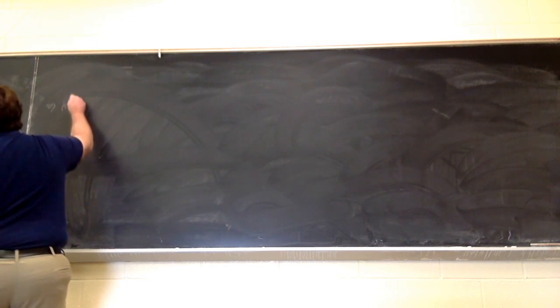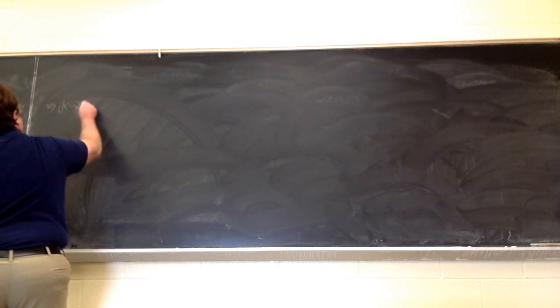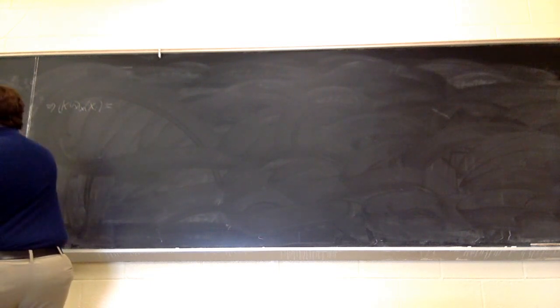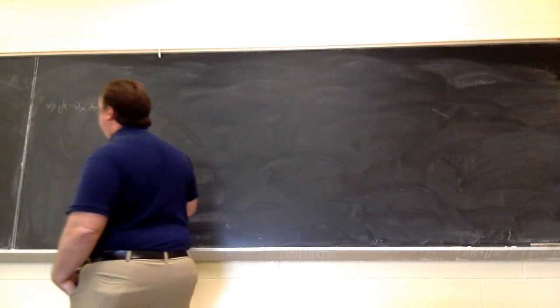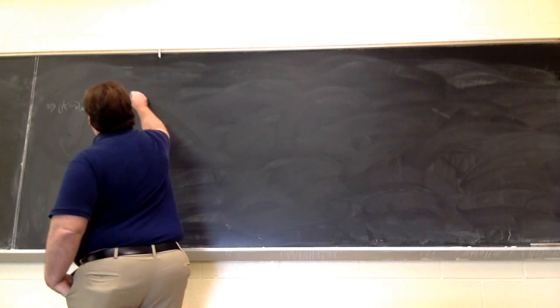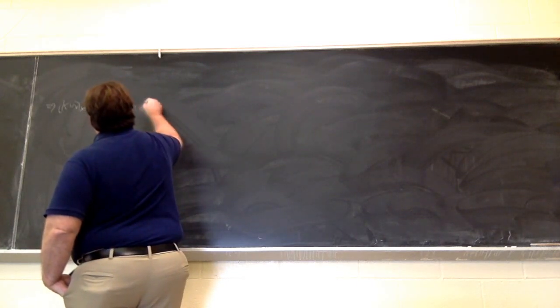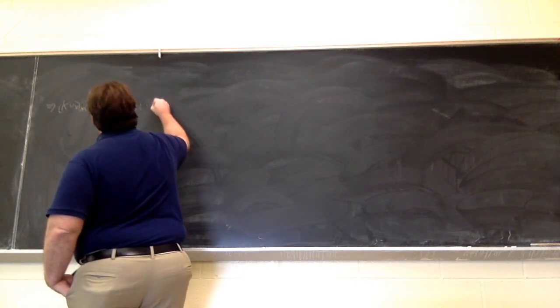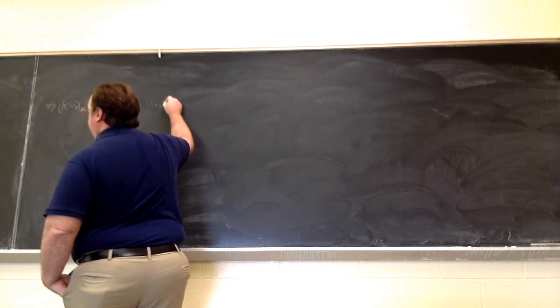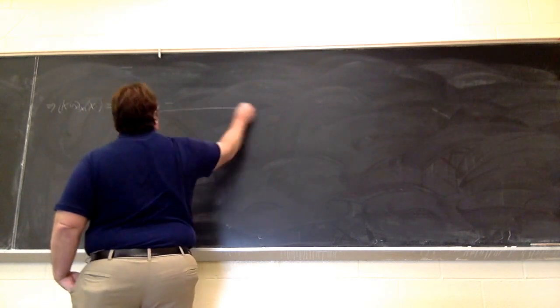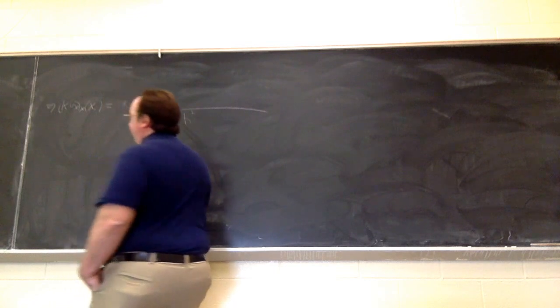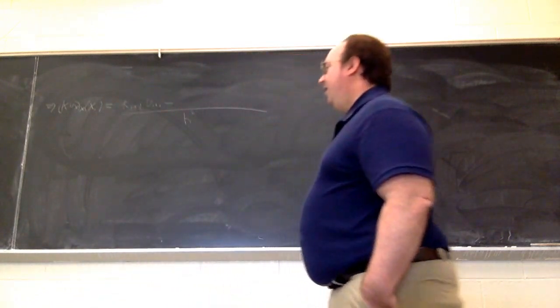So k u_x x at x_i, just cleaning up that expression here, I'm going to have k_{i+1/2} u_{i+1} minus, and I'm going to have h squared. Every term has an h squared in the denominator, so I'll just put that there.